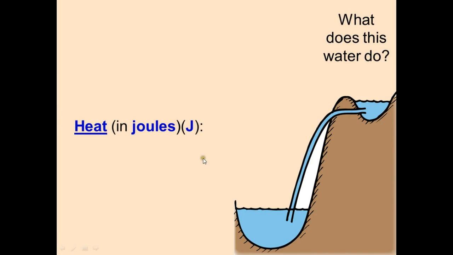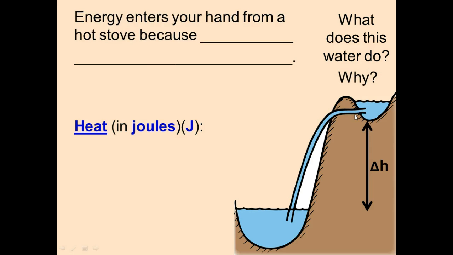Just as if water's on a hill, so this is a hill, and then this is a lower spot on the mountain, and this water's flowing down. So water will flow down, and it just happens like that. So just as water flows from high to low because of gravity and a difference in the height, heat always flows from hot to cold.